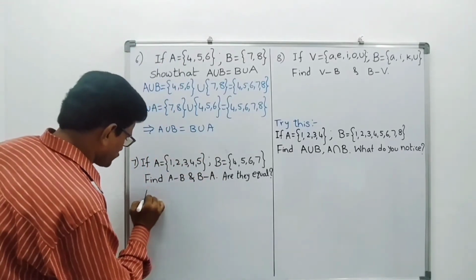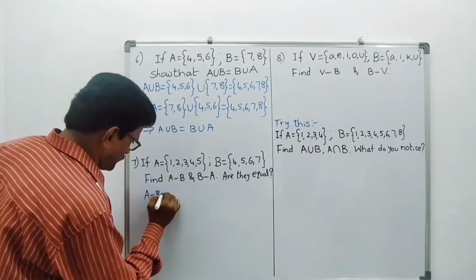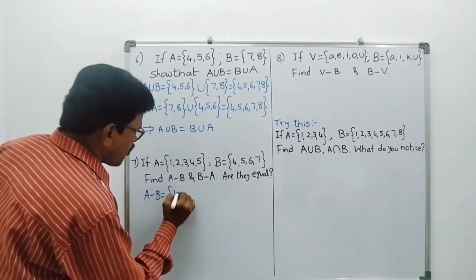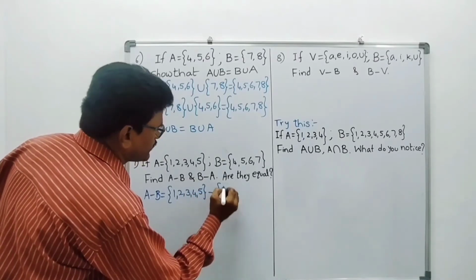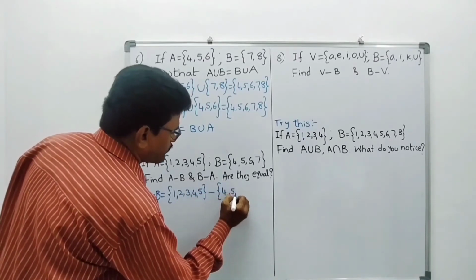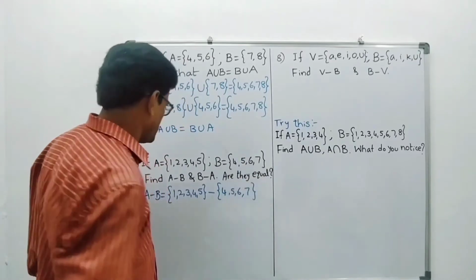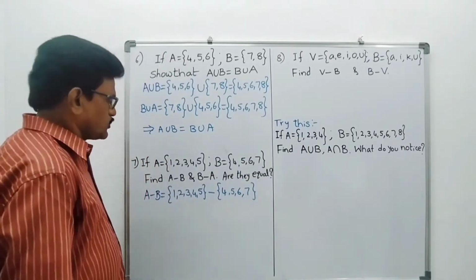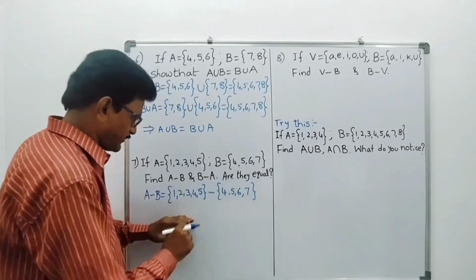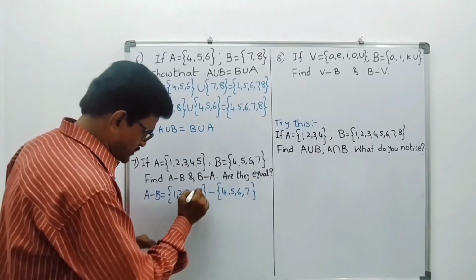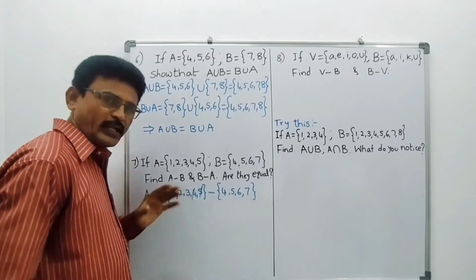See, first A minus B. What are the elements of A? 1, 2, 3, 4, 5. Now minus symbol. Now B: 4, 5, 6, 7. So from A we have to remove B elements. Here 4, 5, 6, 7 are there. Yes, only 4, 5 we have to cut.